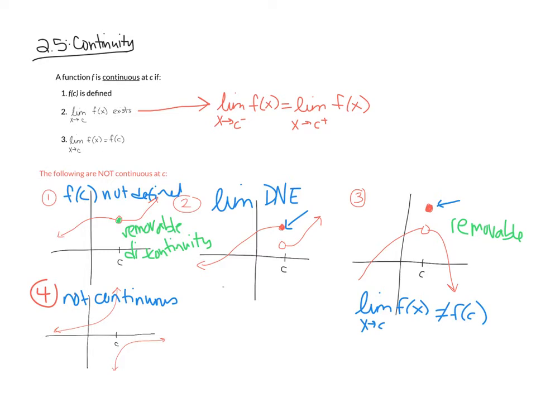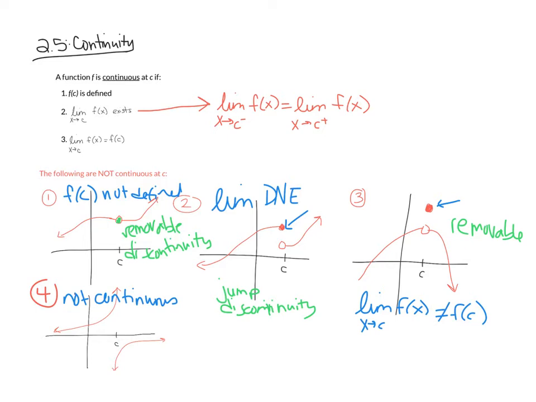So for number 2, this is what we call a jump discontinuity. And you might be able to guess that we call it a jump discontinuity because as the graph is going along, it jumps from one point to another at c.